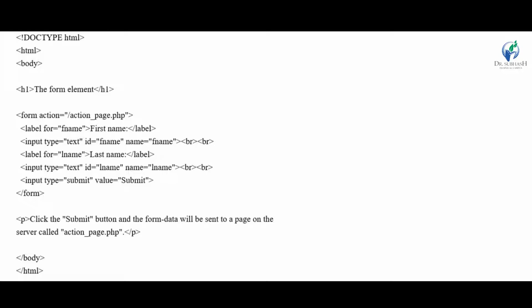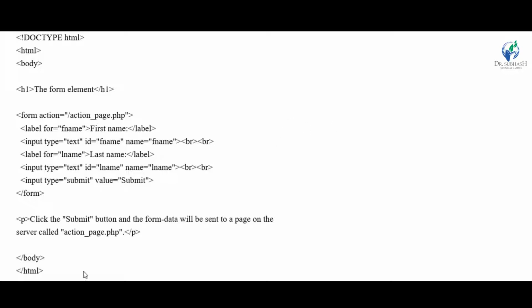Give the name and id for that input, which is used for further processing. Label for last name. Then input type equal to text, id lname, name lname. Then input type equal to submit and value equal to submit.